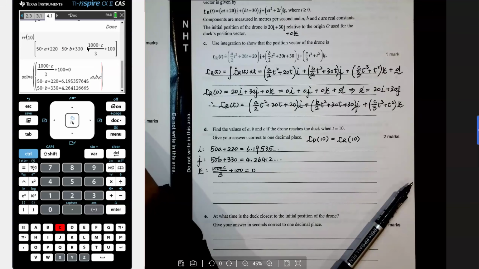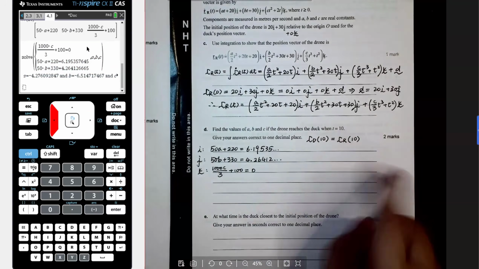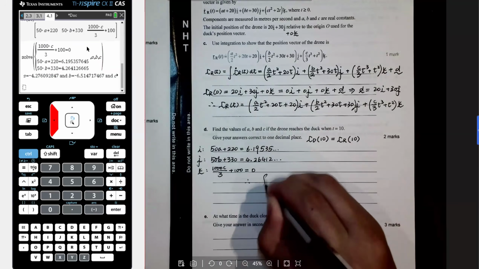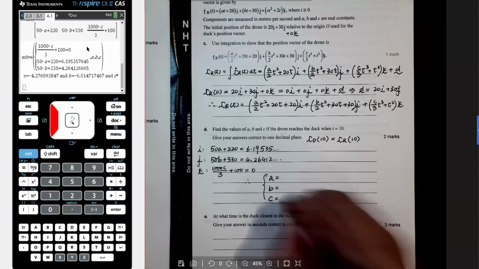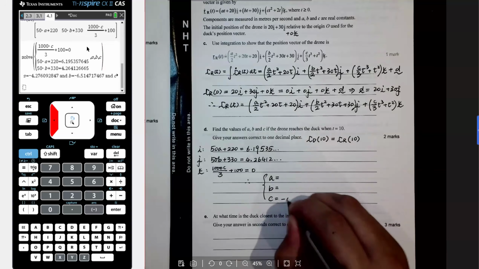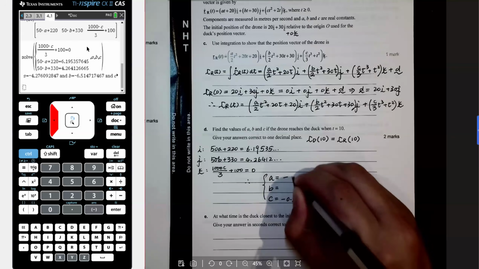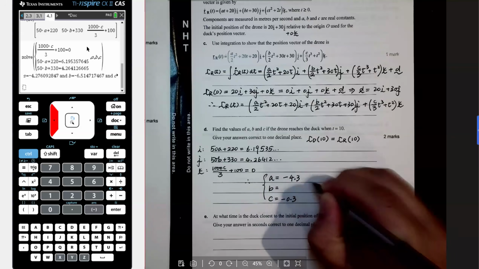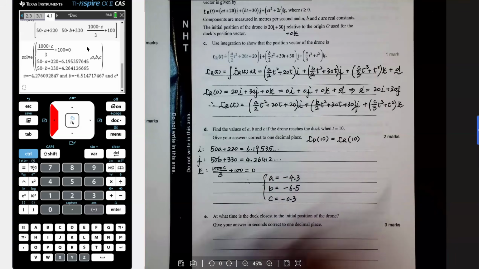Comma A, comma B, comma C. Control Enter. Therefore, A equals to, B equals to, C equals to. C is minus 0.3. Everything correct in one decimal place. So A is minus 4.3. B is minus 6.5. There we go. Okay.